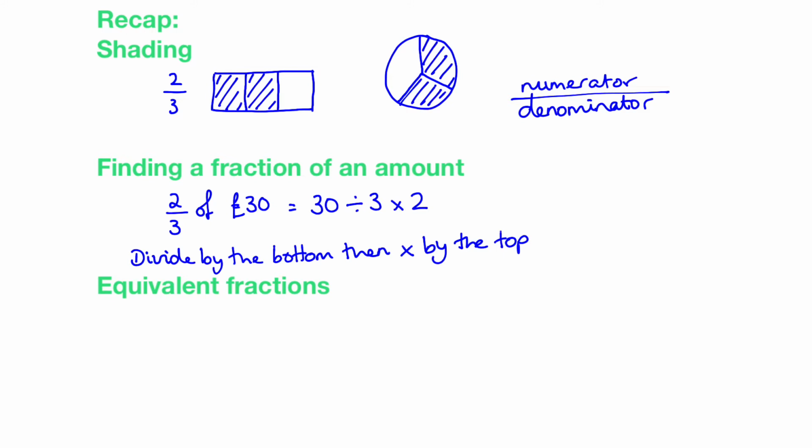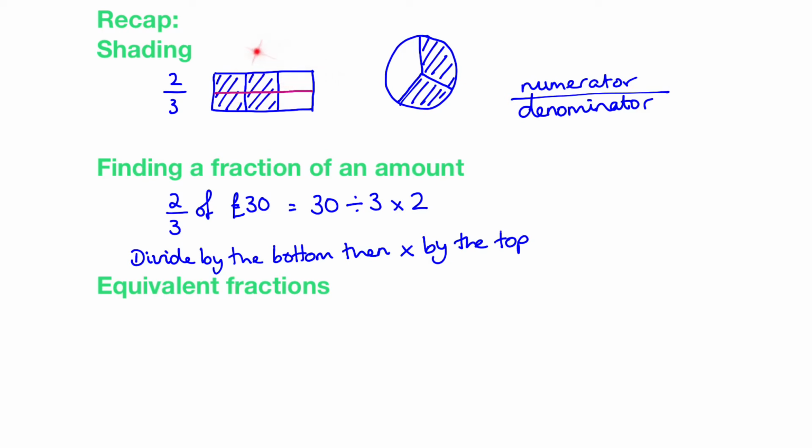So equivalent fractions mean the same amount. If we go back to our 2/3 here, let's just say I draw a line across the middle there. What I've actually done is, without changing the amount that's been shaded, I have split that original rectangle. Instead of it being split into 3 equal pieces, it's now been split into 6 equal pieces.